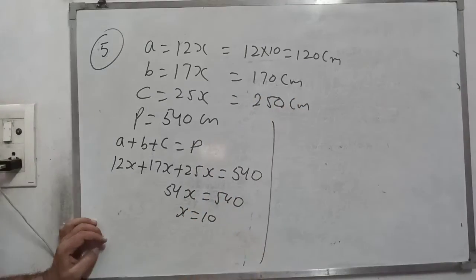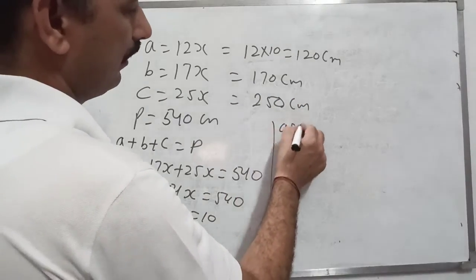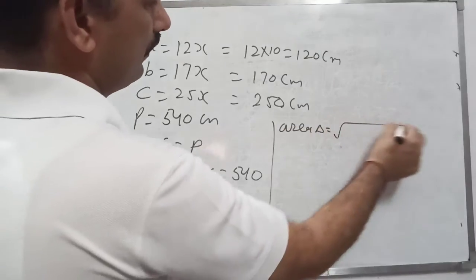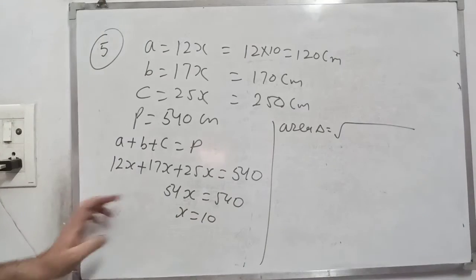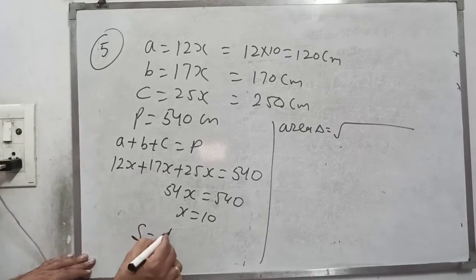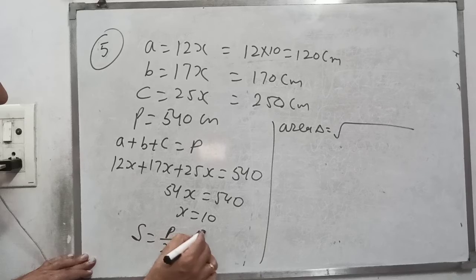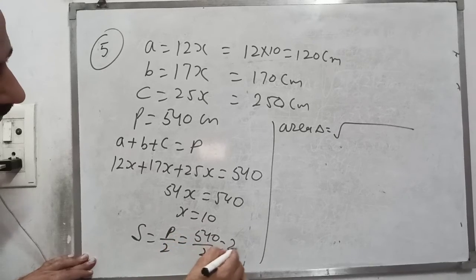Right? Then we find the area of the triangle. Area of the triangle is under root S. We find the S, that is perimeter upon 2. 540 upon 2, you get 270.